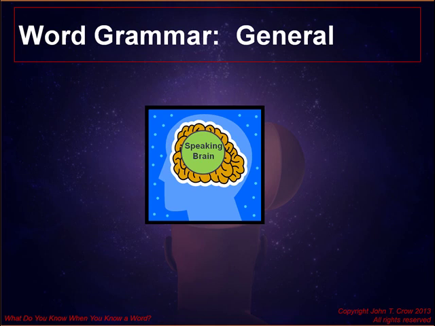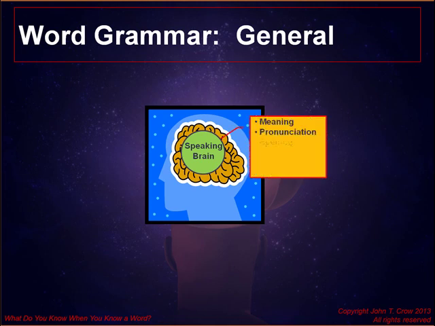In your speaking brain, among other things, is a vast warehouse of knowledge that you have stored about words. That knowledge includes the meaning, pronunciation, and spelling of words, basic, fundamental, mission-critical information that you must be in total control of if you want to use words like a native speaker.